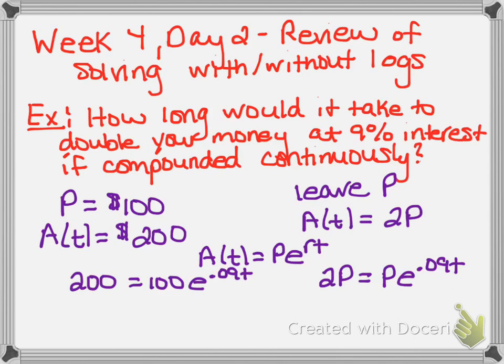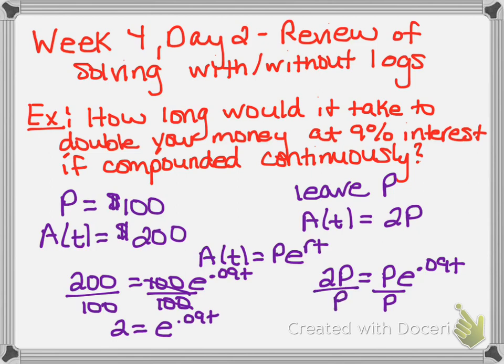Either way, my first step in the solving process is going to be division. When I divide this version of the equation, divide the 100 to move it over, I end up with 2 is equal to e to the power of 0.09t. And in this other version, my first step is going to be to divide by P. And so hopefully this illustrates why it doesn't matter what you choose P to be.